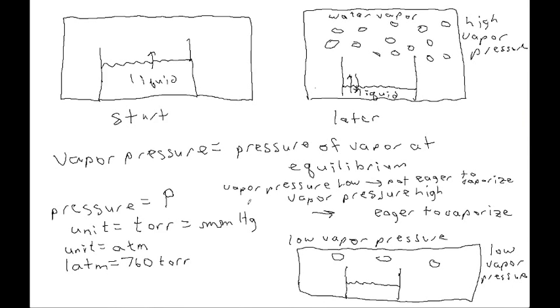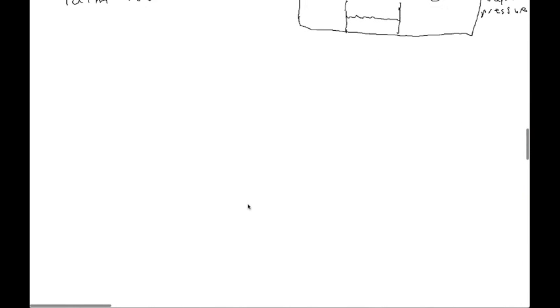So, let's see. Now remember, when we add solutes to the solvent, as we discussed last time, does that make it easier or harder for it to leave the liquid phase?